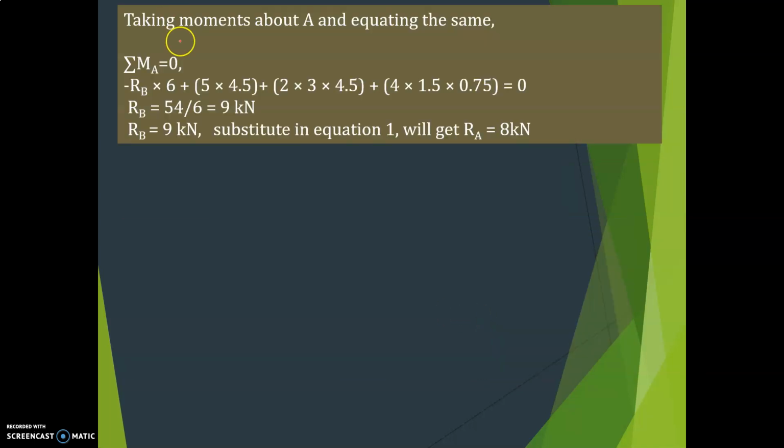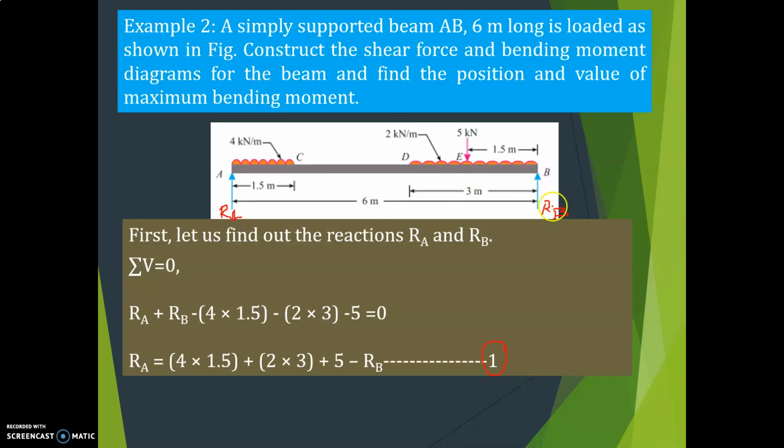Next, consider moment about A and equate it to zero. The summation of moment is equal to 0. I'll take moments about A. Minus RB into 6, because clockwise is positive and anti-clockwise is minus. Force into perpendicular distance, so RB into the full distance 6, that is minus, anti-clockwise.